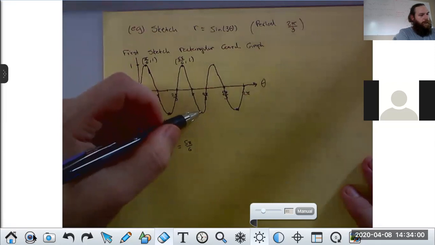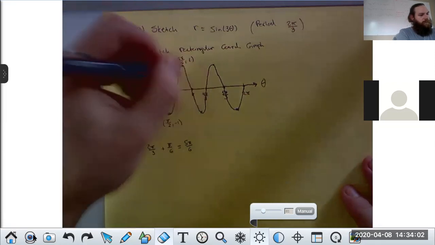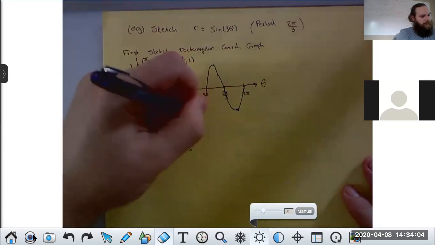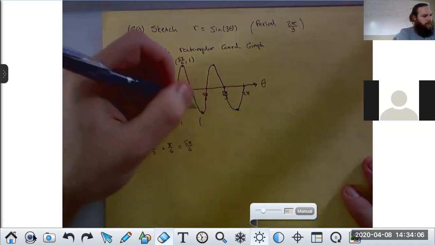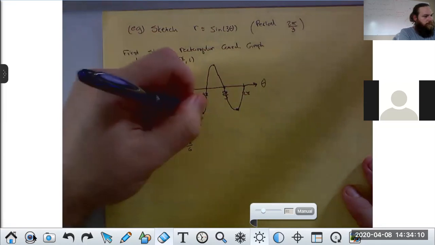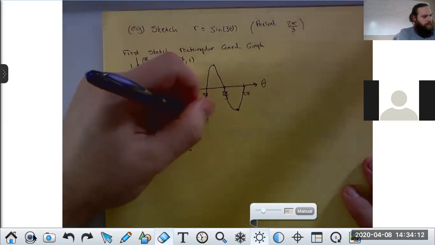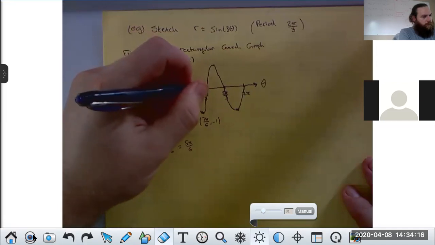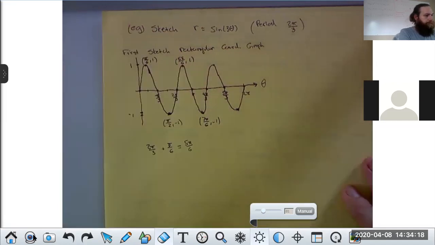We come one more pi over 6 past pi. That's going to be 7 pi over 6. Then we go through 4 pi over 3.